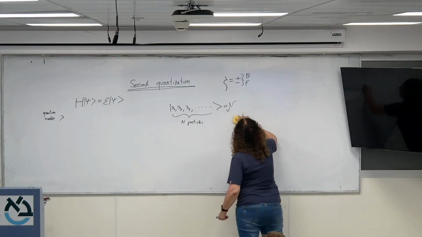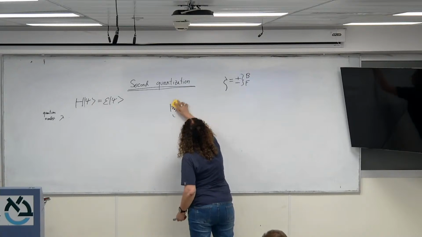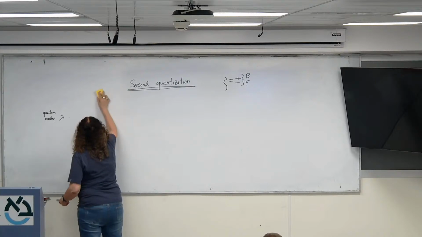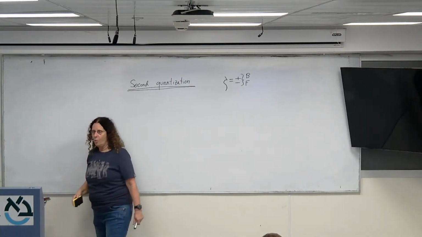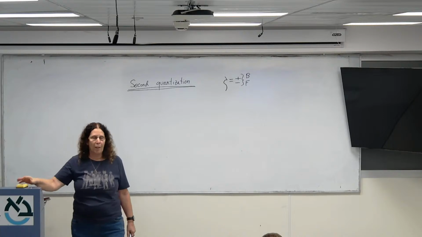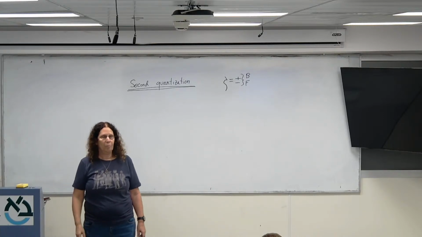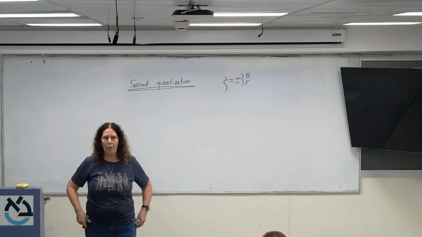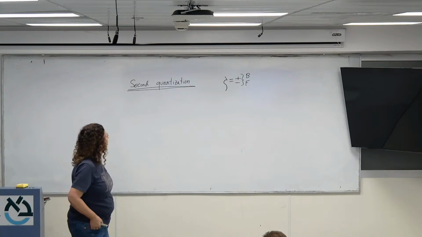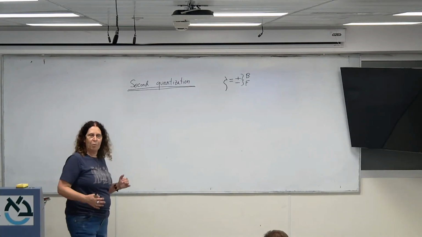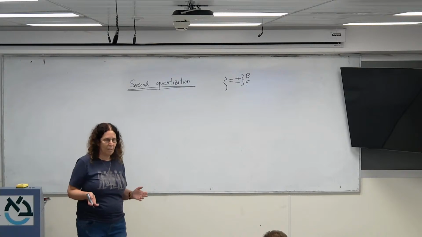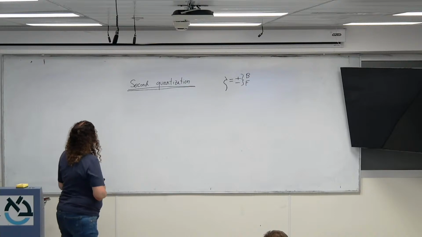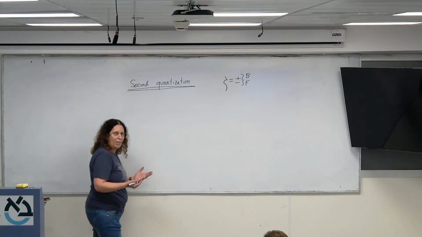And the philosophy behind it is that if we have a problem of quantum many-body with identical particles of some type, okay, then we need very little information to characterize a state, okay? Just to characterize the state. What characterizes the state?